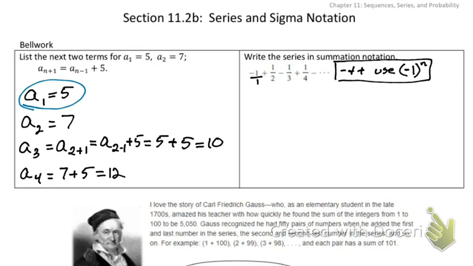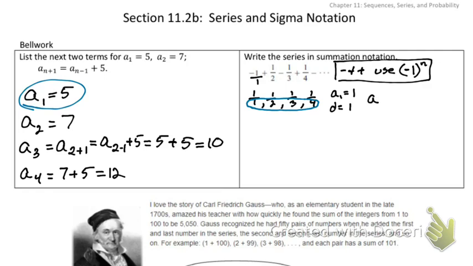So now I'm just looking at the sequence that goes 1 over 1, 1 over 2, 1 over 3, and 1 over 4. Particularly, I'm looking at their denominator. The denominator goes 1, 2, 3, 4. Well, that's adding 1, adding 1, adding 1. So it is an arithmetic sequence where our first term equals 1, and our common difference is going to be plus 1 because it's adding 1 over and over and over.